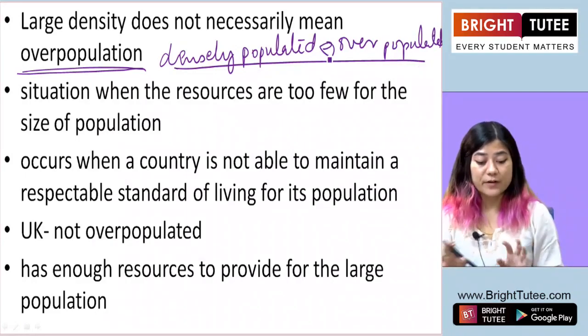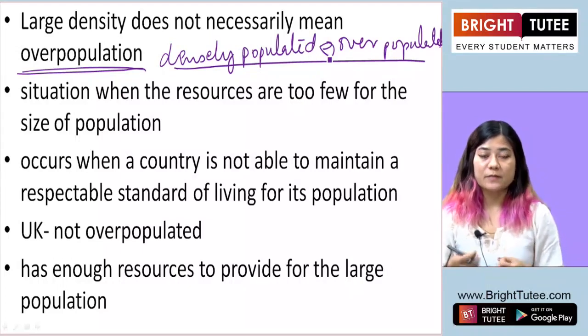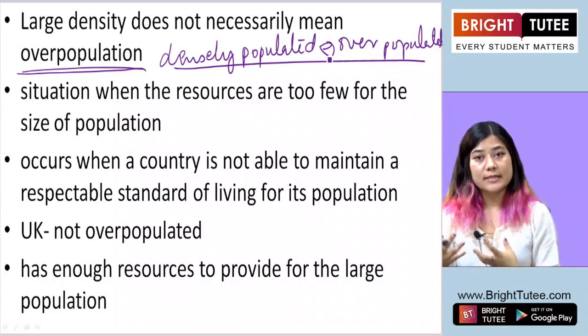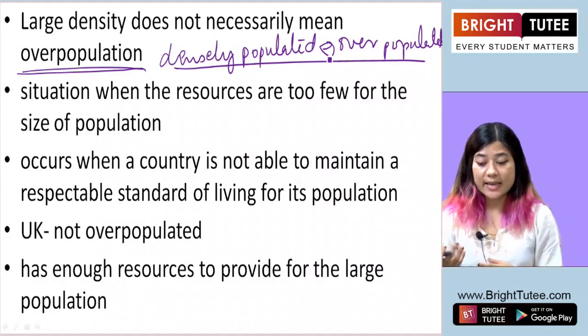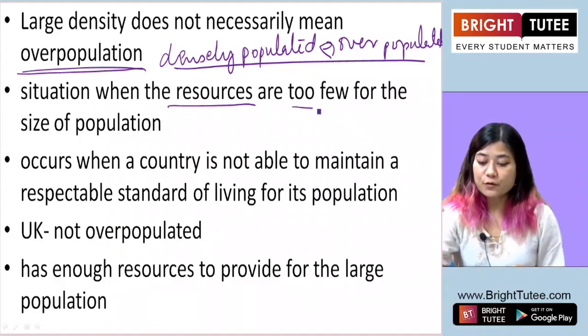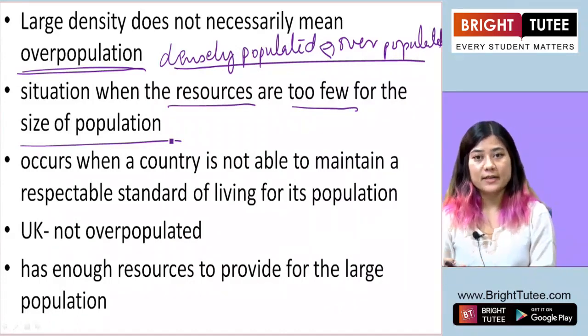They mean different things. When we say an area or a city or a country is overpopulated, we are trying to say that the resources available in that country are few for the people, or for the size of the population of that country.